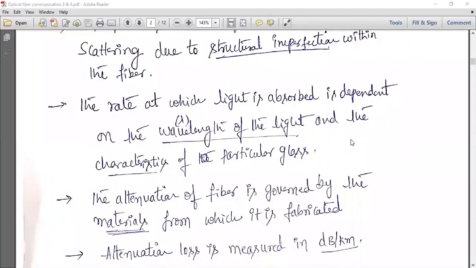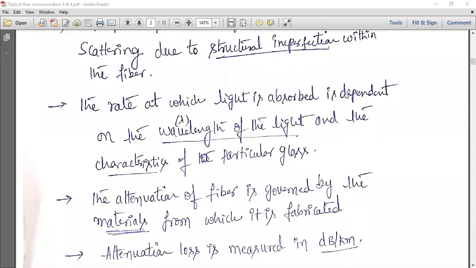Okay, I'll share my screen. I've explained that absorption is due to two things. One is the wavelength of the light, along with the characteristics of the glass. The wavelength of the light is in the range of 0.8 micrometer to 1.7 micrometer. You can use any wavelength within that particular range.